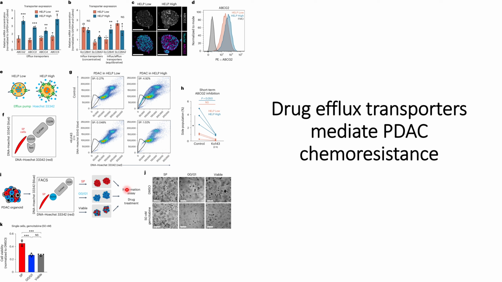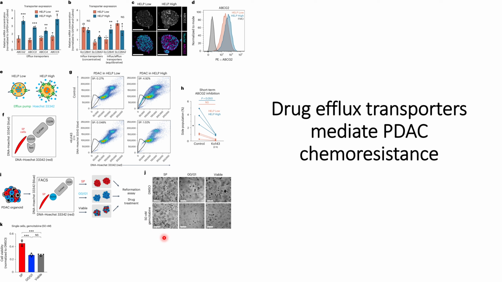And they checked the results by sorting the cell populations of the different groups, that is the side population and the G0/G1 populations, which were separated out along with the other live cells. They did the drug treatment using gemcitabine, with DMSO as control.